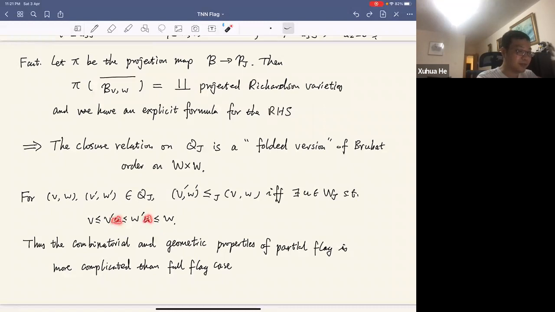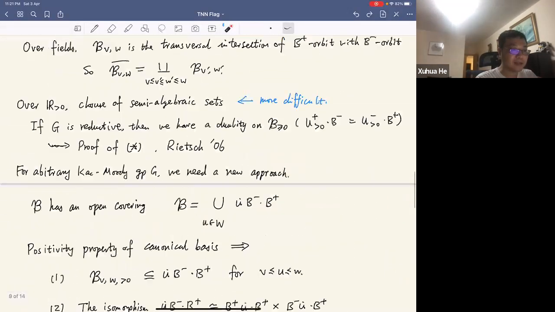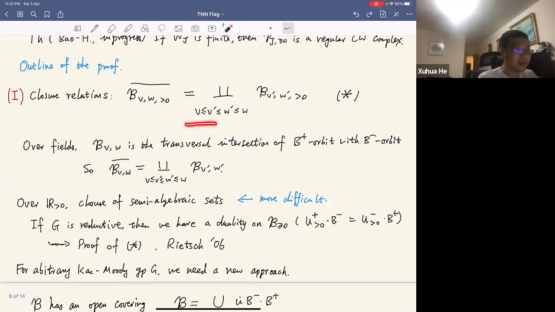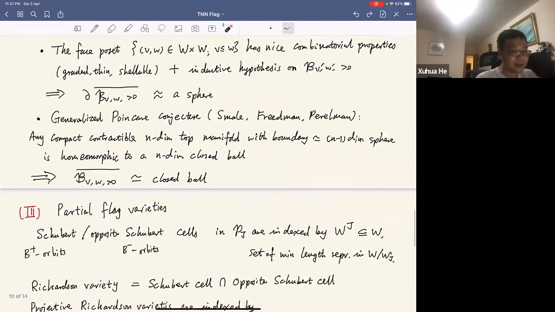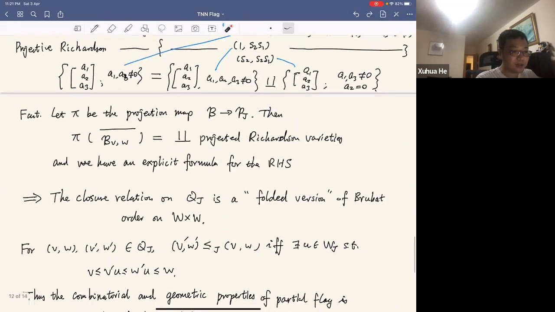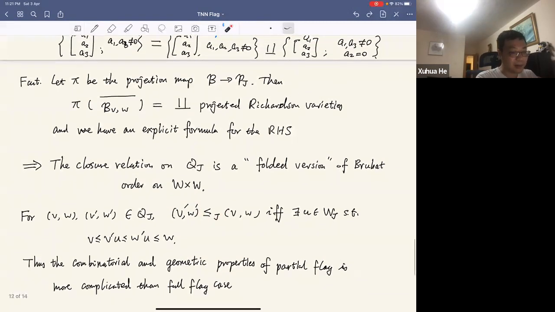So then this is just V less than V prime less than W prime less than W. Then this is exactly the closure relation which we described here. However, in the general case, because of the existence of such U, this makes this partial order much more complicated.